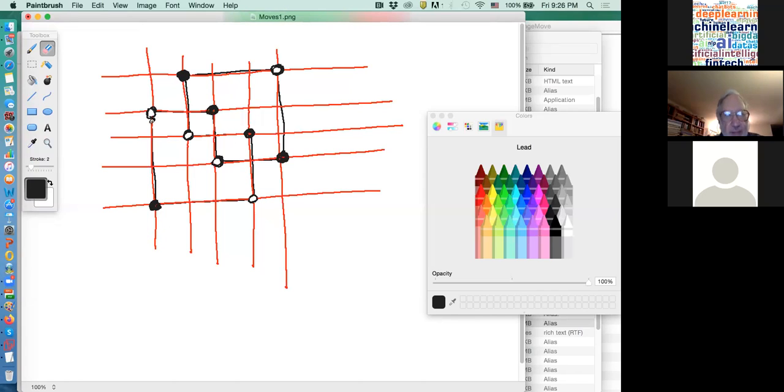Now you know that black is connected to white, and white is always connected to black. So if you know the white ones and the black ones, you can forget about the curves, the connections, because you know what to do. Just imagine that you can't see the knot. You know that it goes alternately horizontal and vertical, black to white, white to black.